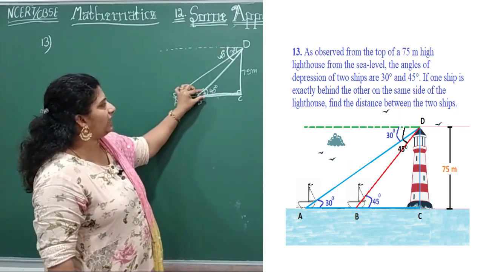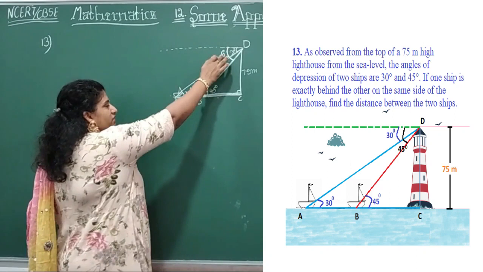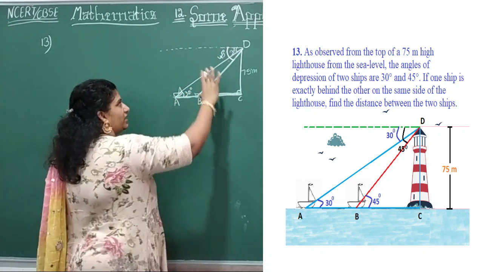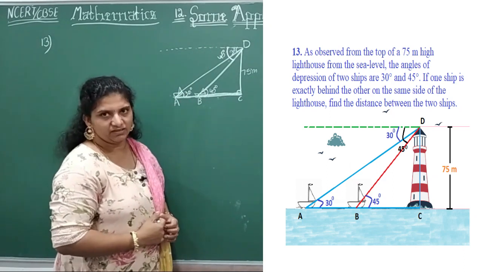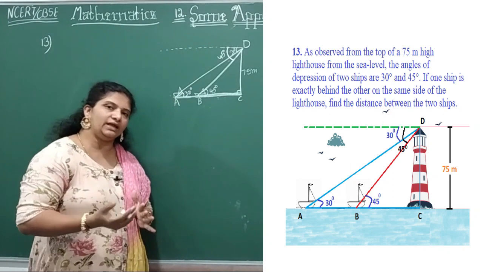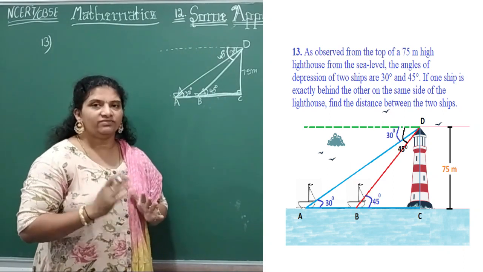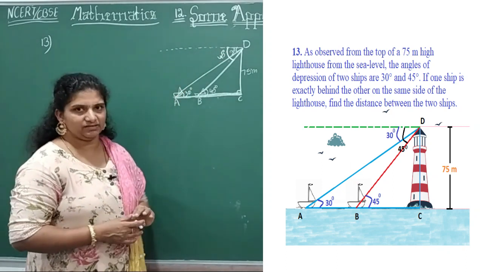Then exactly alternate, I have changed the angle. This is 45 degrees and this is 45 degrees because it is in between two parallel lines. Now, what we are going to do, if we get any depression problem, feel comfortable, change the depression angles to elevation angles.